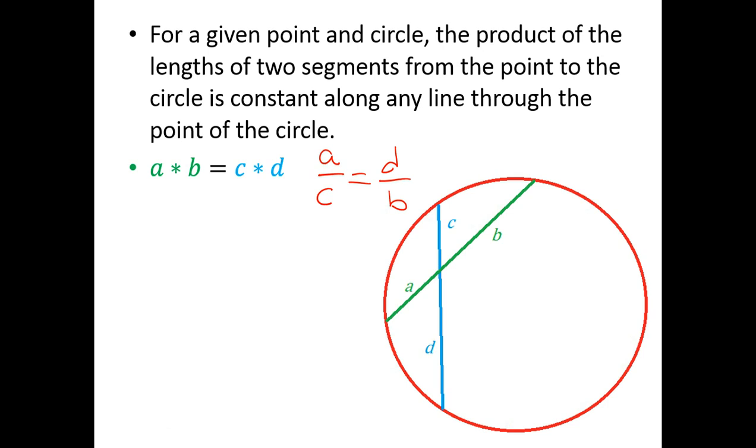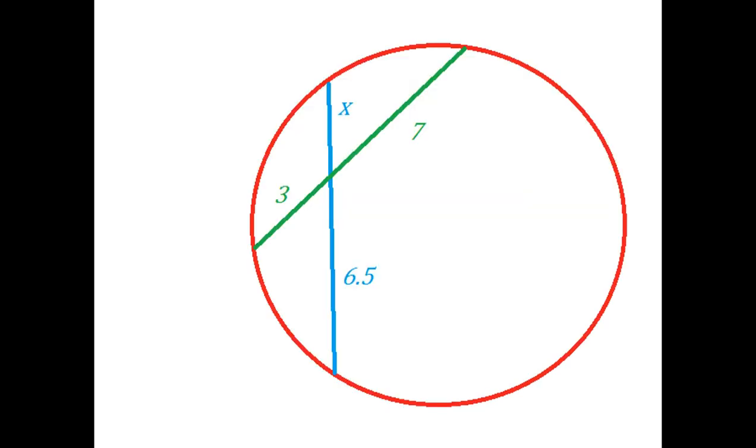You multiply these together, or you divide these, and it should be the same as if you divide those. Okay. So the easier way of doing it is just multiplying, because with multiplication you don't have to worry about decimals or anything. So take a second and find your x.